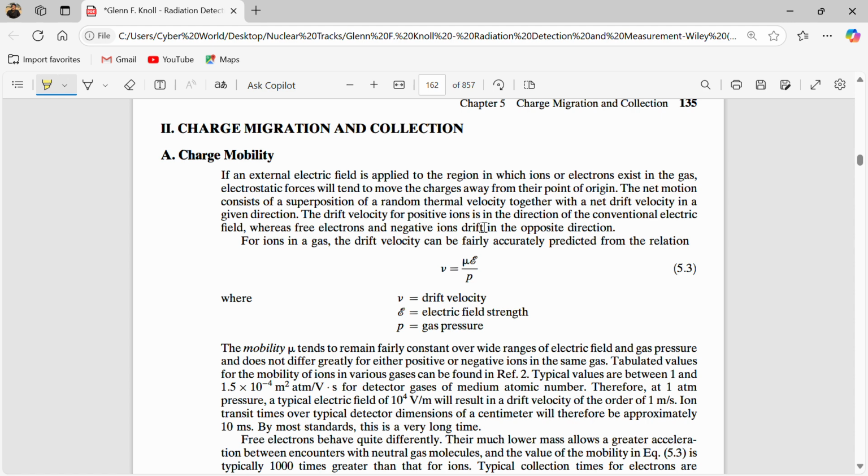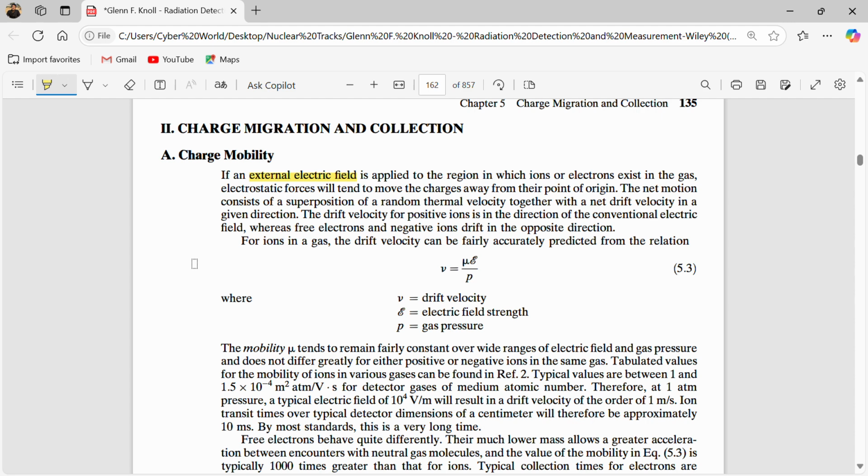First of all, we have to study charge mobility. So what is charge mobility? In this scenario you just have to apply an external electric field. In charge mobility, the only factor is that you are now applying an external electric field.